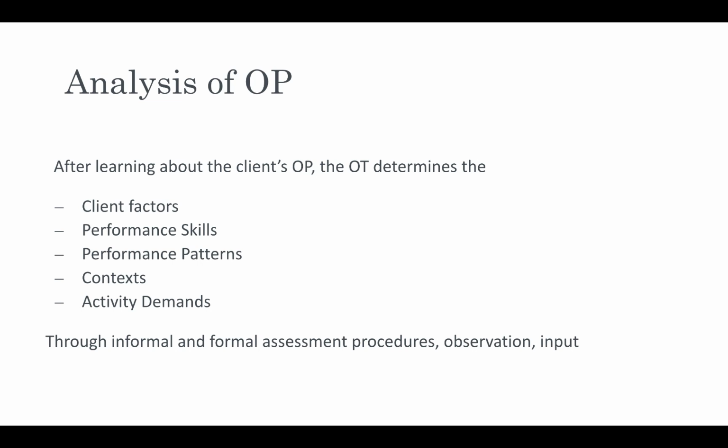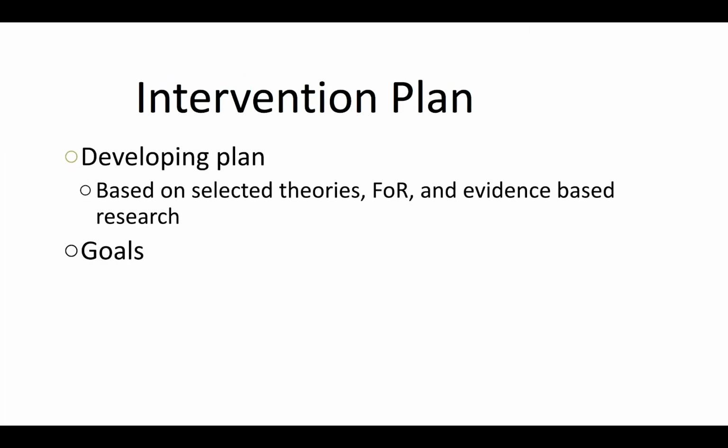So there's a variety of instruments that we can use in order to analyze their occupational performance. Once we've done that, now we're going to develop a plan. So this is what we call an intervention plan. We develop this plan based on different theories and frames of reference and evidence-based research. We're going to talk about that much more in the next slide presentation.